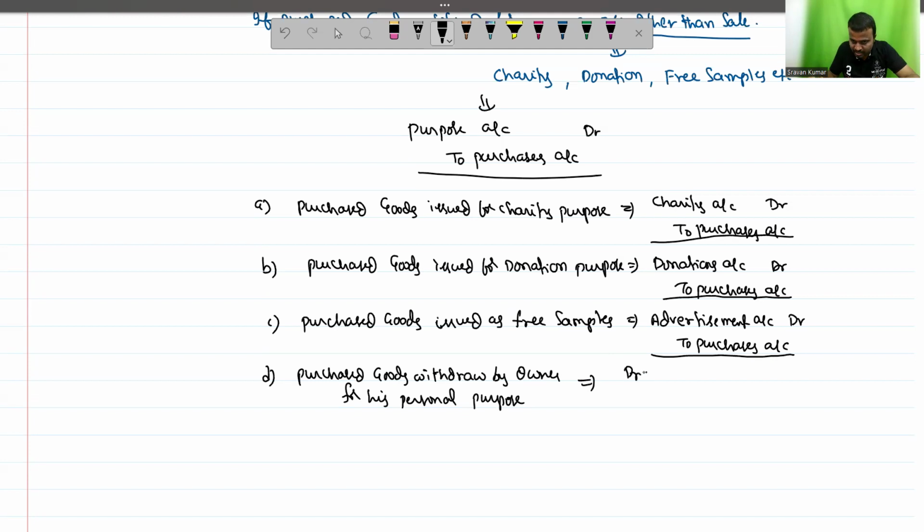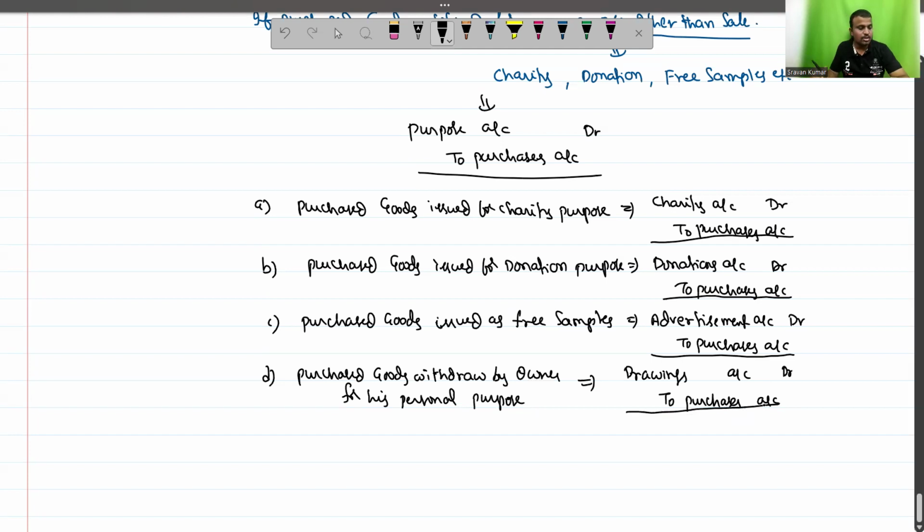Drawings. So then we write the entry, what? Drawings account debited to purchases account. What is the entry? Drawings account debited to purchases account.